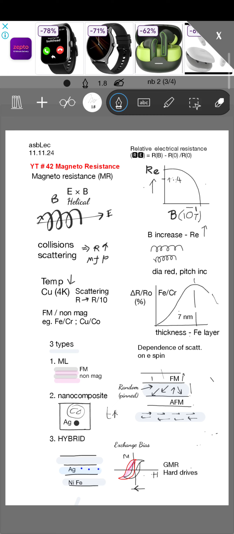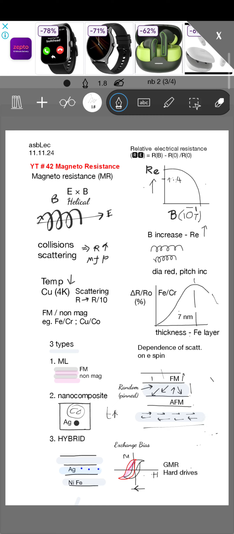So the spins alongside the ferromagnetic region start to show ferromagnetic character. However, the ones close to the antiferromagnetic region are aligned in the opposite direction to the applied magnetic field, following the antiferromagnetic character.